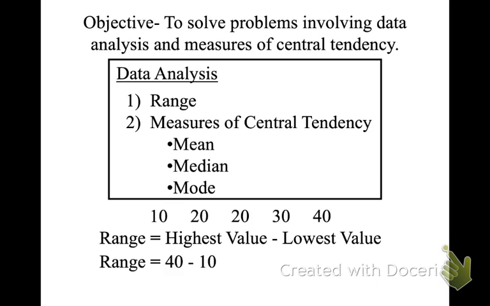But first, let's finish up our range. We're going to go from our highest value, 40, subtract the minimum value, 10, and so our range covers 30. Okay? So we can say there's a spread of about 30 that the range covers.